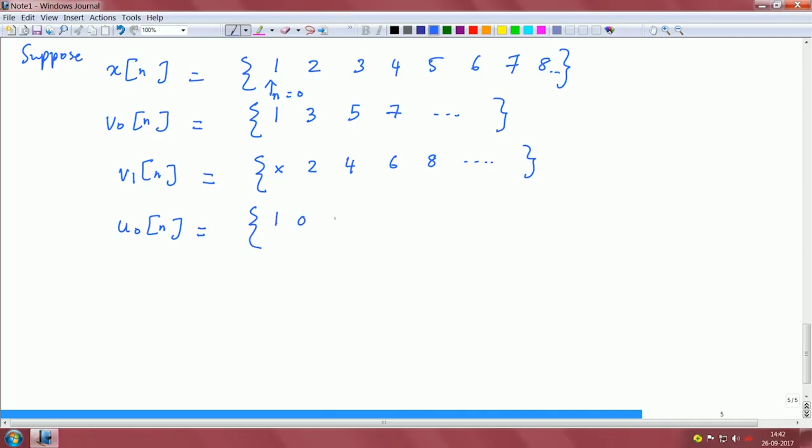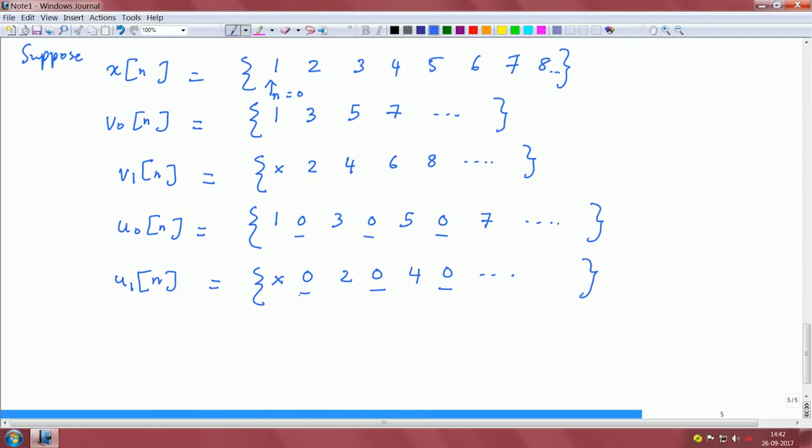So you have 1 0 3 0 5 0 7, these are all insertions. Then u1 of n is basically x 0 2 0 4 0 dot dot, where these are the insertion points, right. At every even time step I am just inserting these, or odd time step I am inserting these.